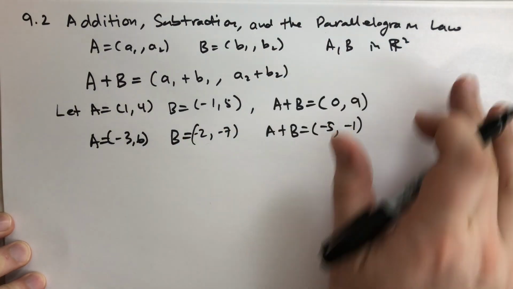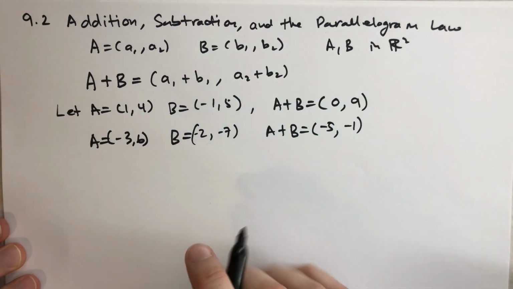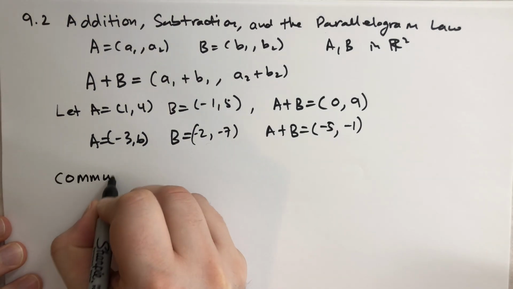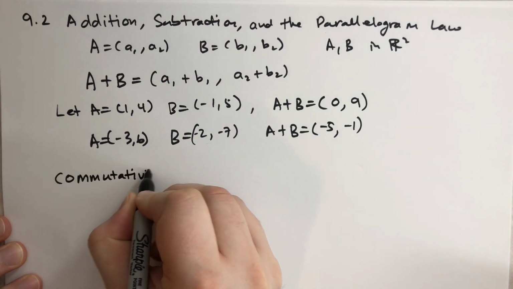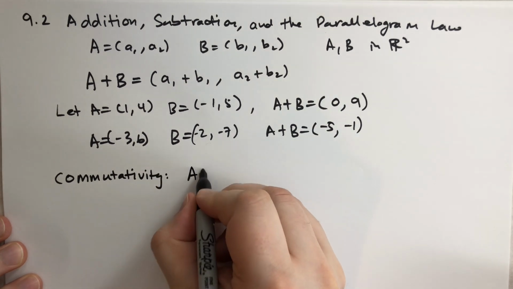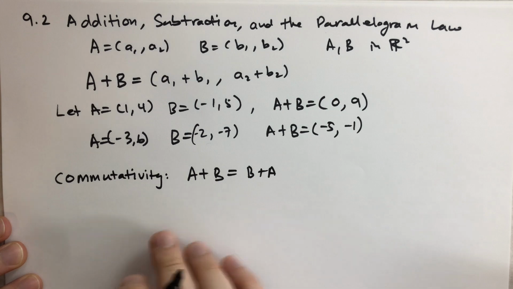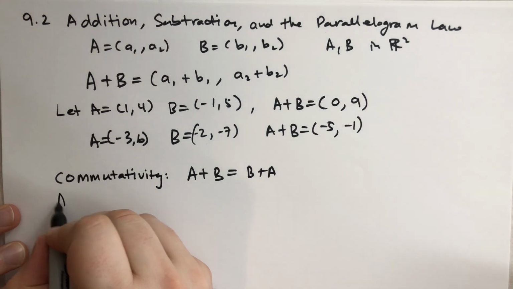That's the third part of the title of this section. We will talk about some of the properties. Namely, we have commutativity: A plus B is equal to B plus A, and it should be rather trivial to prove that for yourself. We have associativity.